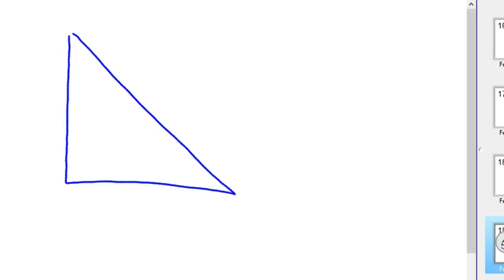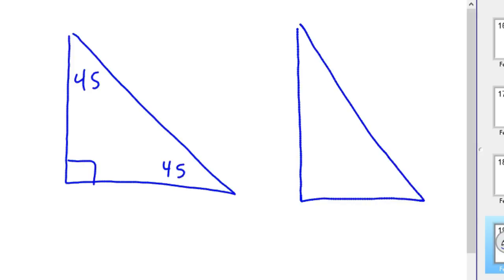So let me give you a couple problems to end with. So let's say we had a 45, 45, 90. And then a 30, 60, 90. So there's 90, that's 60, there's 30. And let's say I try to give you something that we haven't done yet.